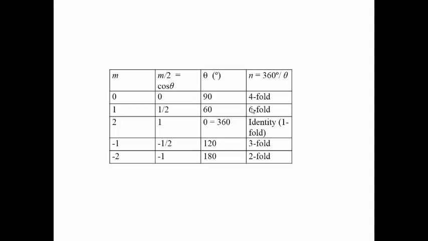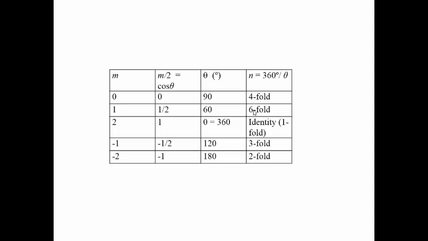The enormous implications, the enormous results here are that we only have 5 possible cases. We can have the identity, twofold, threefold, fourfold, and sixfold if we are to have a periodic lattice, or a lattice which is a periodic object. We limit ourselves to these rotation axes, and that has a profound influence on crystallography and everything else in this course.